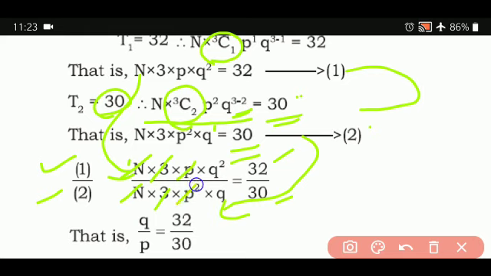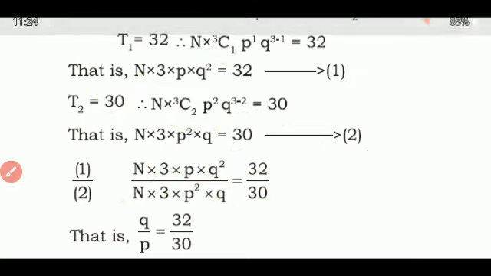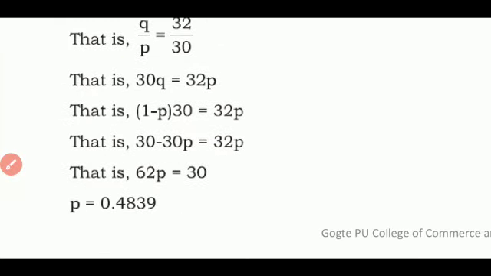There are 2 P's in one, so 1 P remains, and Q square, so 1 Q remains, correct? So in the numerator Q remains, and in the denominator P remains, that is 32 divided by 30. The next step is to cross multiply these two.